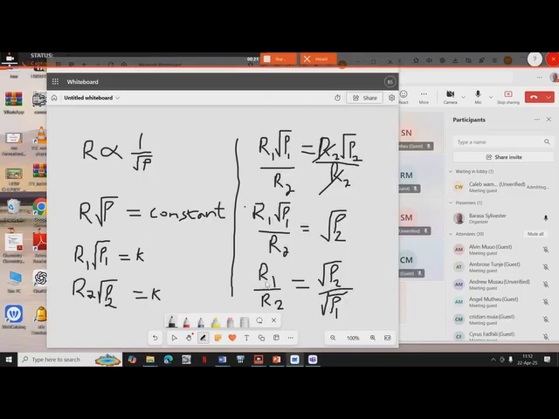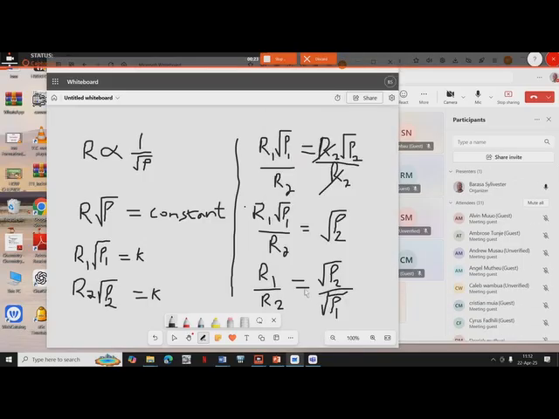So we have R1 over R2 is equal to the square root of the density of gas 2 divided by the square root of the density of gas 1. So gas 2, gas 1. So you can see the rate of diffusion of a gas is inversely proportional to the square root of its density.